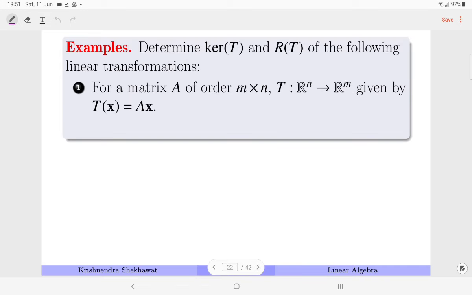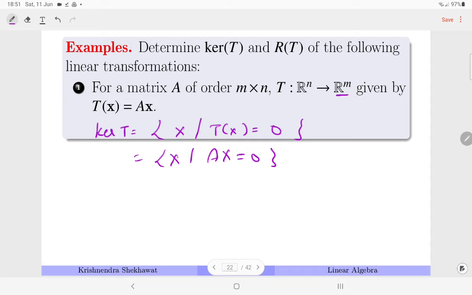Determine the kernel T and range T for the following transformation where T of x is equal to Ax. So, if I write down the kernel T, then it is all those x for which T of x is the 0 vector. Here 0 vector means the 0 vector of R^m, and it means all those x for which Ax is equal to 0.